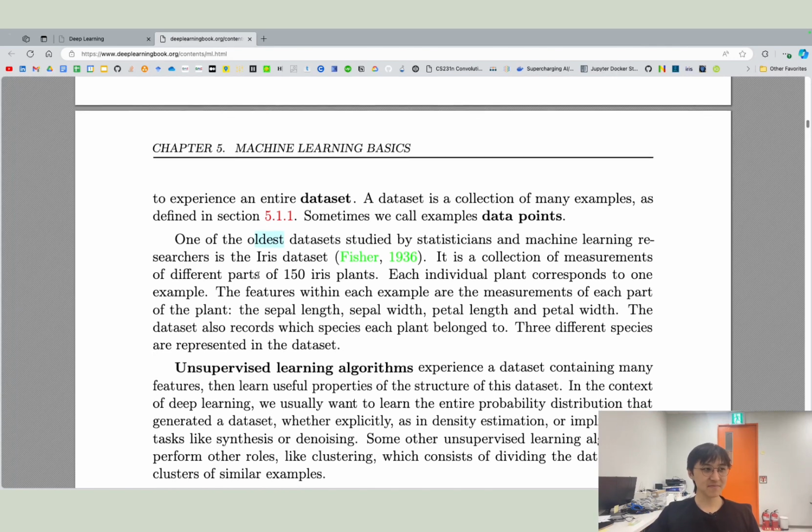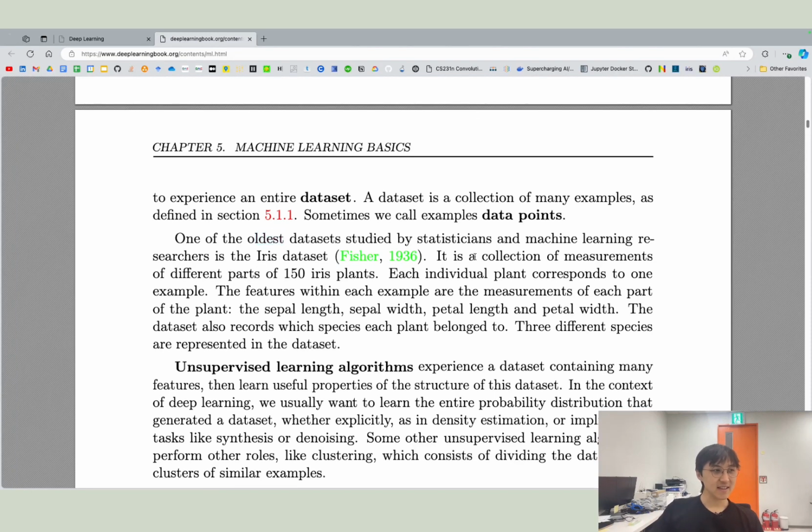It is one of the oldest and one of the most popular for learning machine learning basics. So this dataset is a collection of measurements of different parts of 150 iris plants. So it means there are 150 rows and many different kinds of measurements. Measurement means not our performance, okay?